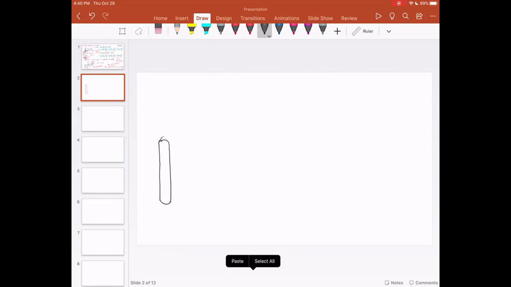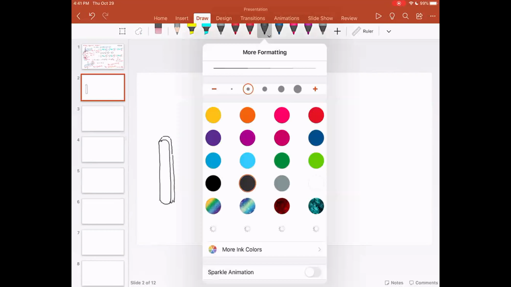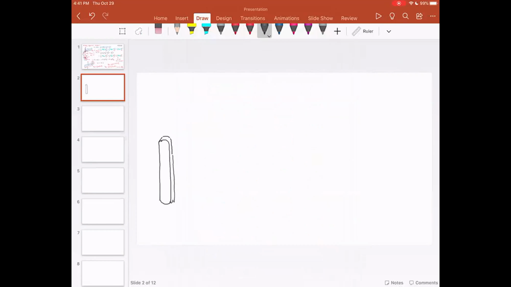And I'm going to assume this is like a slender rod. And there is another rod, which is something like this. So this is link 1. This is link 2.